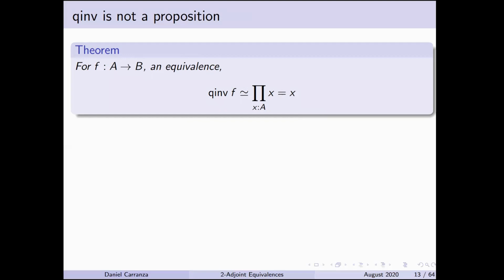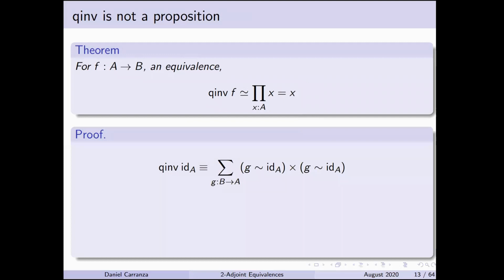And the way I'm going to go about doing that, right, is I'm going to assume a function f, which is an equivalence, and I'm going to start off with equivalence induction, right? So by equivalence induction, it suffices to assume that this f is just the identity, right? And if I just have the identity, then writing out what the type of quasi-inverses means for the identity, I get exactly this type here.